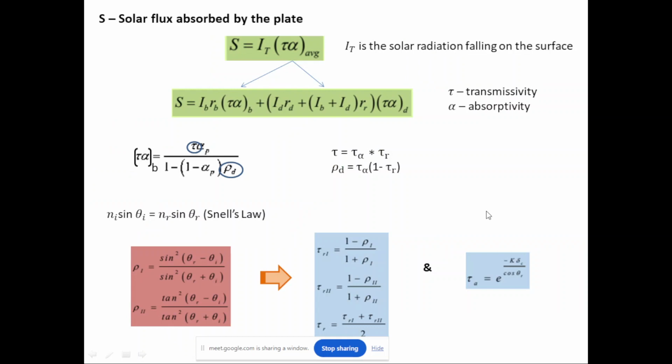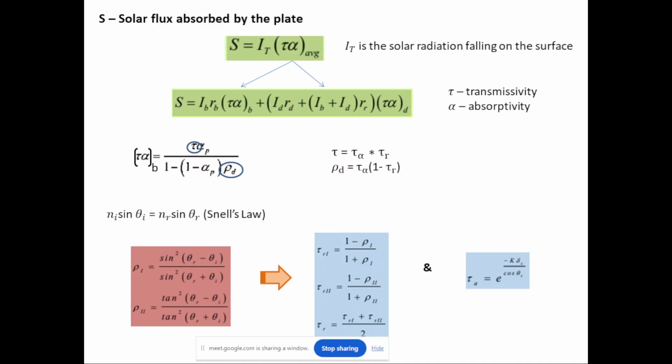So here S is the solar flux absorbed by the plate, and you need to calculate it. The exact way of calculation is tau alpha. Tau is the transmissivity. When light falls on the surface, three different things happen. One is absorption by the surface, so some amount of the radiation will be absorbed.